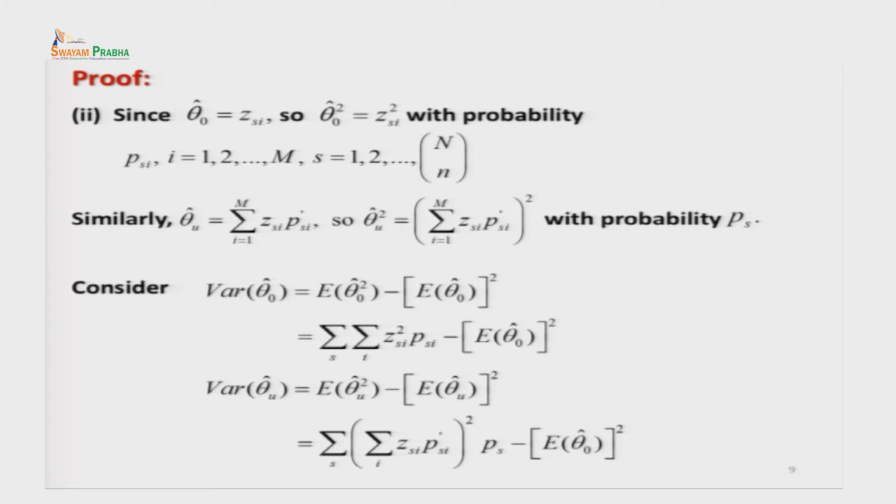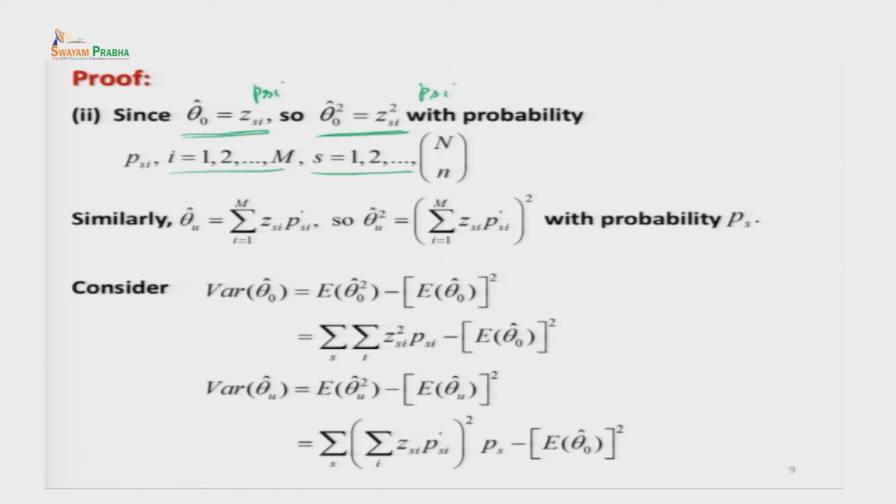Since we have taken theta hat 0 to be ZSI, which occurs with probabilities PSI, obviously if I consider another random variable theta hat 0 square, which becomes ZSI square, this will also occur with the same probability PSI, where i goes from 1 to M and s goes from 1 to N choose n. Now I construct the two forms, theta hat 0 square and theta hat u square.